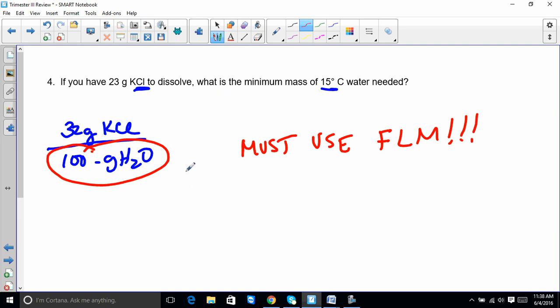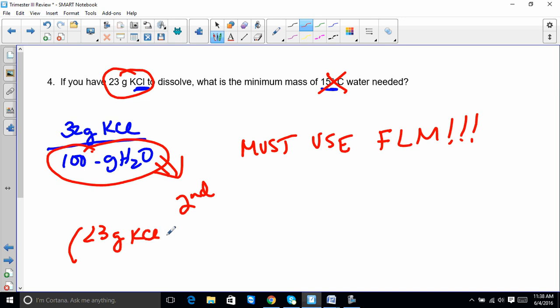And when you use the factor label method, this thing gets written down second, not first. The thing that gets written down first is the only number in the problem you haven't used yet, because you use that number to read the graph. That gets written down first, 23 grams of KCl. And now this is the conversion factor, but it has to be inverted because grams of KCl is on the top.